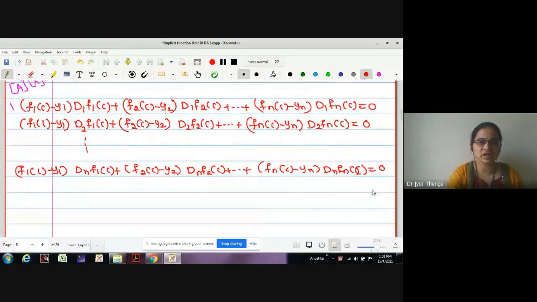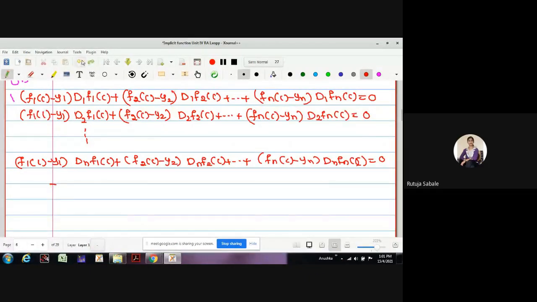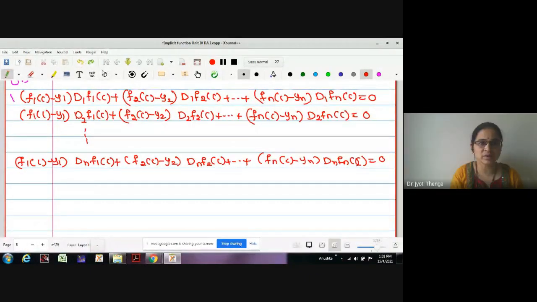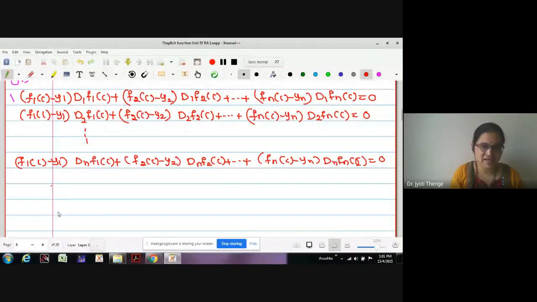So what is the determinant of coefficient? What is the coefficient matrix here? n cross n matrix. What is the matrix? D1 f1(c), D1 f2(c), dot up to D1 fn(c).